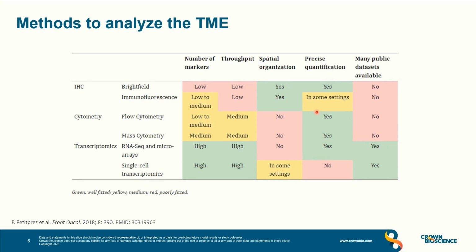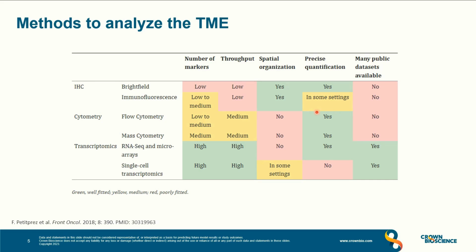Several methods are established in clinical and research practice to characterize the TME. Immunohistochemistry and immunofluorescence are used a lot, as they're relatively less expensive and preserve the spatial organization of the tumor. However, the throughput of these techniques is quite low, and the number of markers is limited.